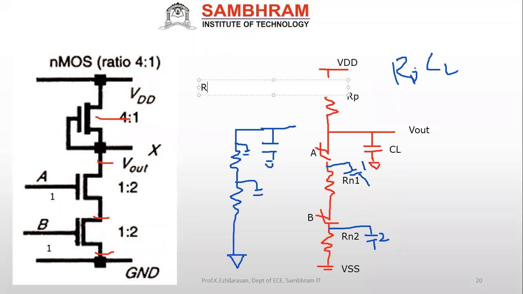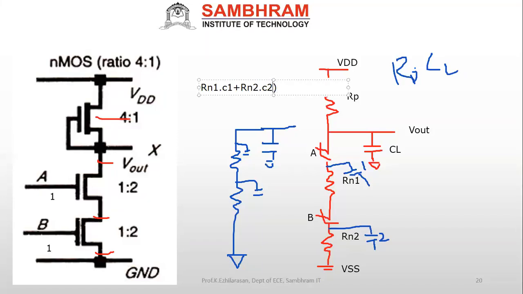Example, if you want to say it is Rn, right? Rn1 plus Rn2, that is R. I can say Rn1 dot C1 plus Rn2 dot C2, because of the RC model, as I said, right?